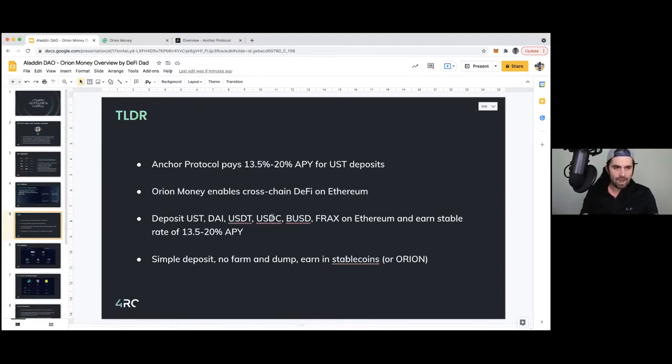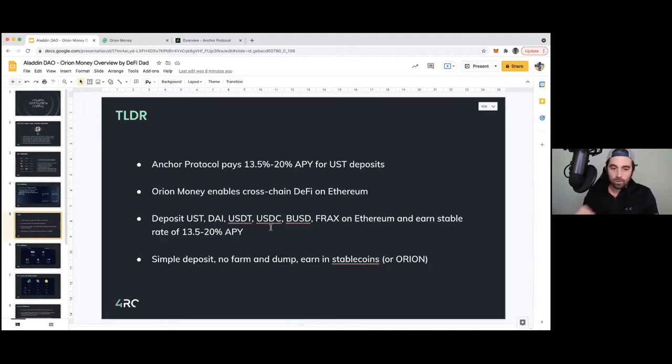That's been there now, I think, for a few months. They are obviously taking a cut, as the Anchor protocol is actually paying out about 19.5%. So there's a nice spread there to be able to continue to pay that 16.5%.